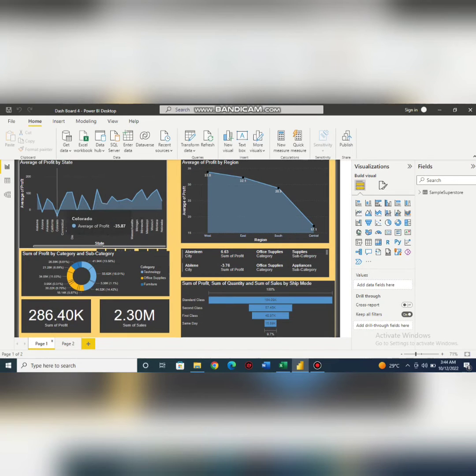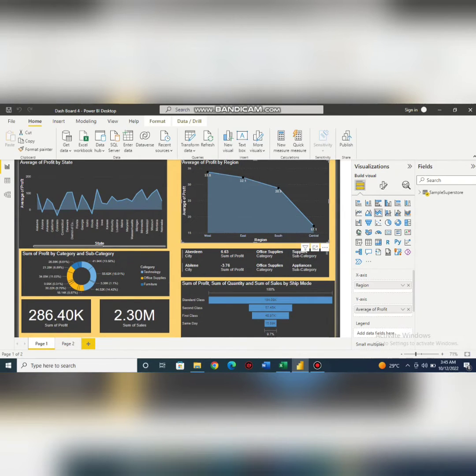We can also identify the weak areas, such as Colorado has less average profit, in minus. It is a weak area. In Florida, the profit is also less. It is also a weak area. Illinois is the same, and so on.